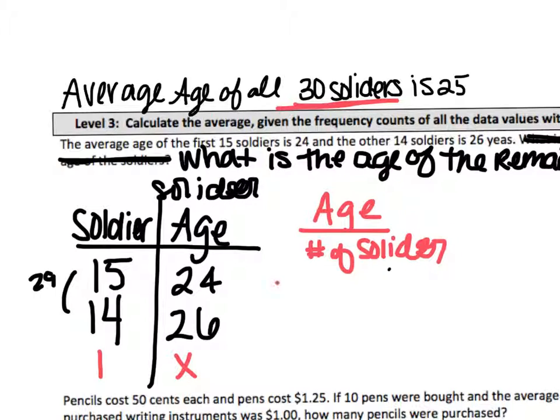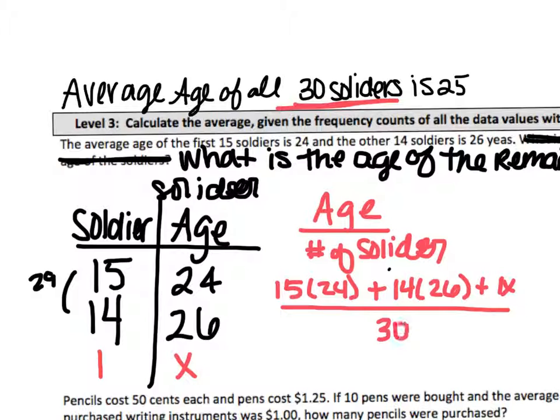So I'm going to take 15 times 24. I could add 24 fifteen times, but I'm just going to multiply it. Same thing with 26: 14 times 26, and then 1 times x. I'm going to divide that by 30 because there are 30 soldiers, and set it equal to 25 since that is the average age of all of them together.